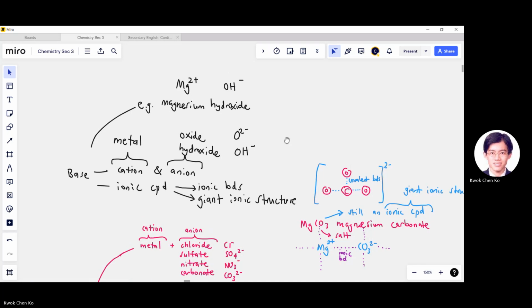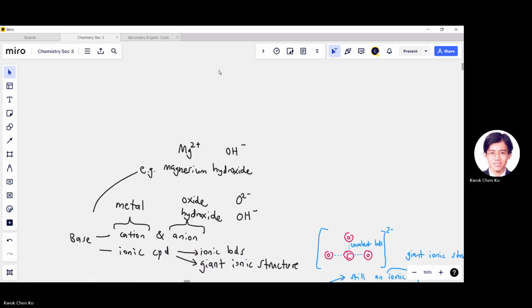Now, I think your school may use the cross, but I don't like to use the cross. So Mg is 2 plus. OH is 1 minus. Remember, don't write the 1 there, just minus. So what's the LCM? Well, it's 2. So for 2 plus, unchanged, just times 1. OH is 1 minus times 2.